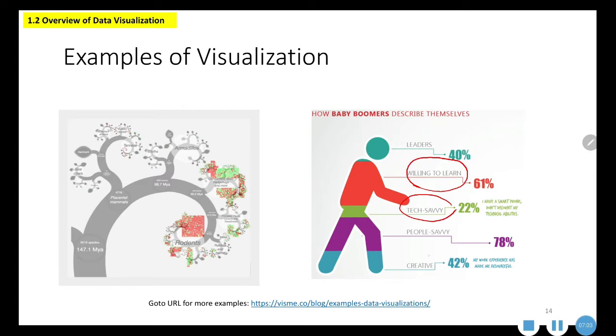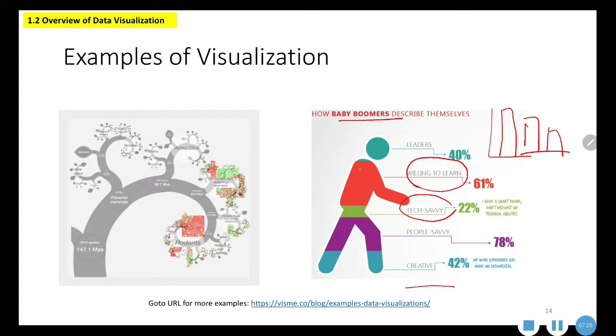So instead of representing this information in a bar chart like this, don't you think that this diagram looks more appealing, more interesting? It's about baby boomers, it's about people. That's why it is represented by an image of a person, of a man.